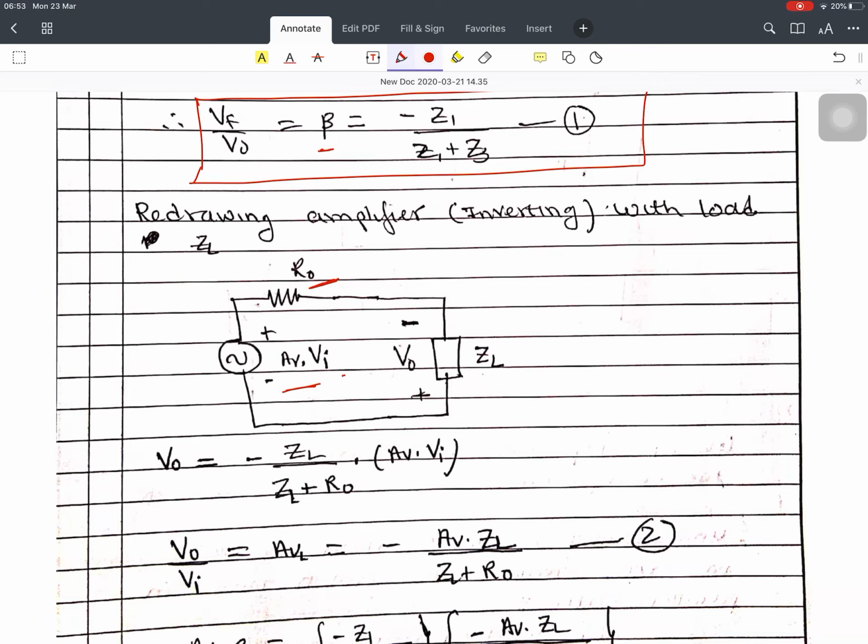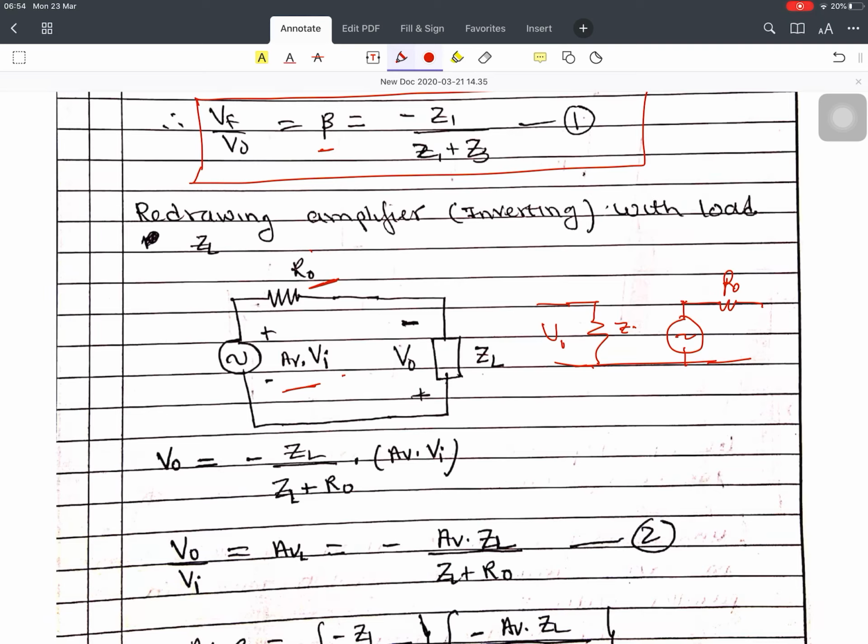I hope you remember the equivalent circuit of amplifier. Recall the equivalent circuit of op-amp like this, right? This is Vi, high input impedance, and this is Ro, this is Zi, and so on. So this is your equivalent circuit of op-amp. So I'm taking only this part and connected to load over here.